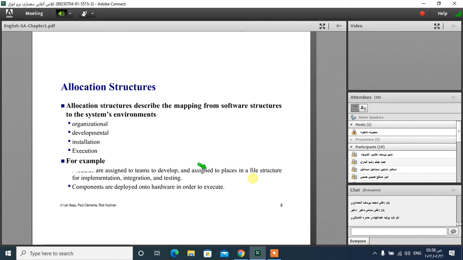Another example is to map the modules to the places in a file structure where they are implemented. So for each one of the modules, we can specify a set of files or a set of tests that implement and test those modules. So we have a mapping between modules and files.